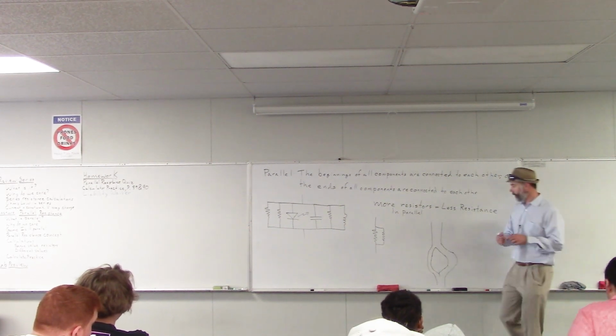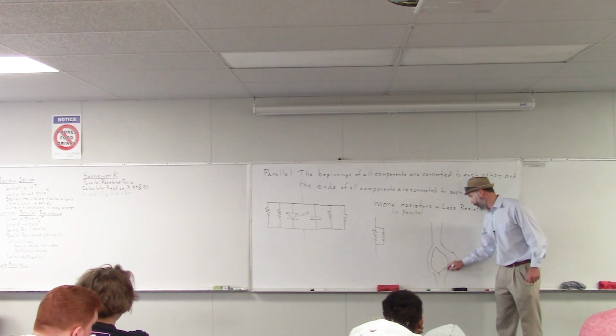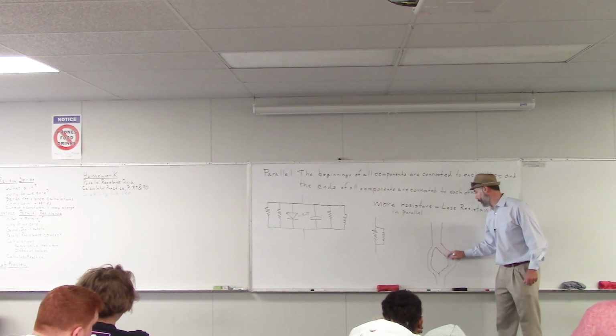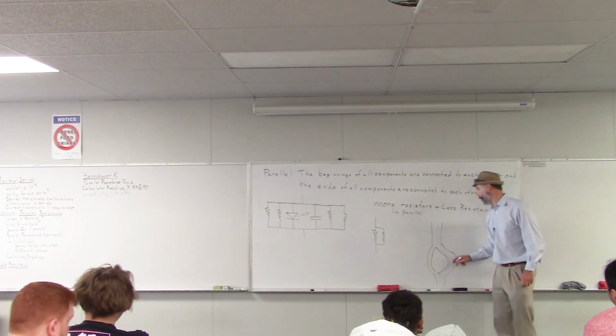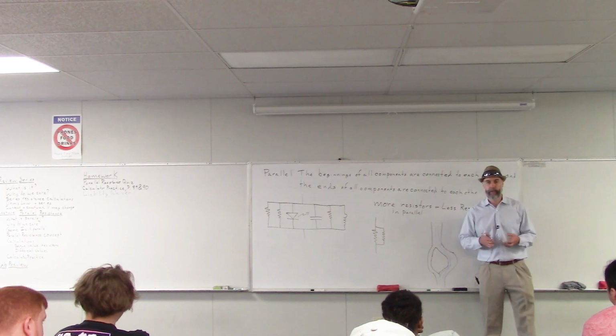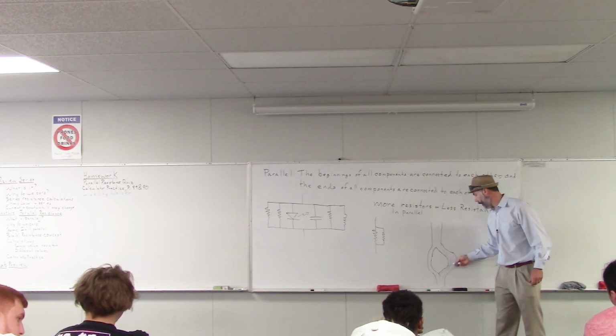Because it's got more room for the water to travel. So that's where most of the water is going to go. And the same thing is true in electricity. If you've got two paths and one has less resistance, most of the electricity is going to go down that path.